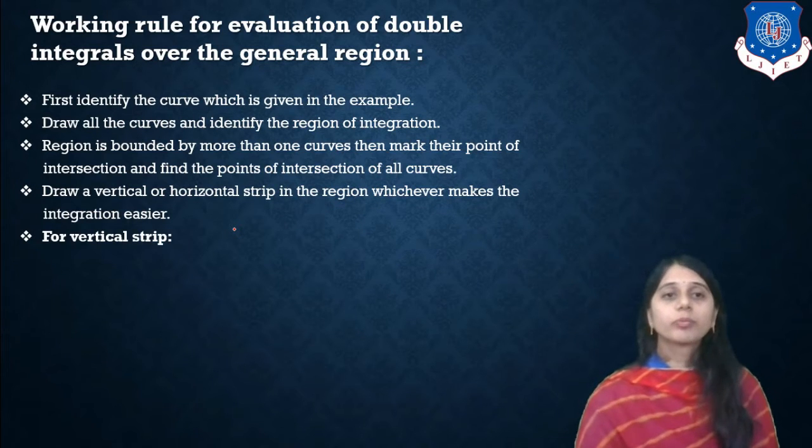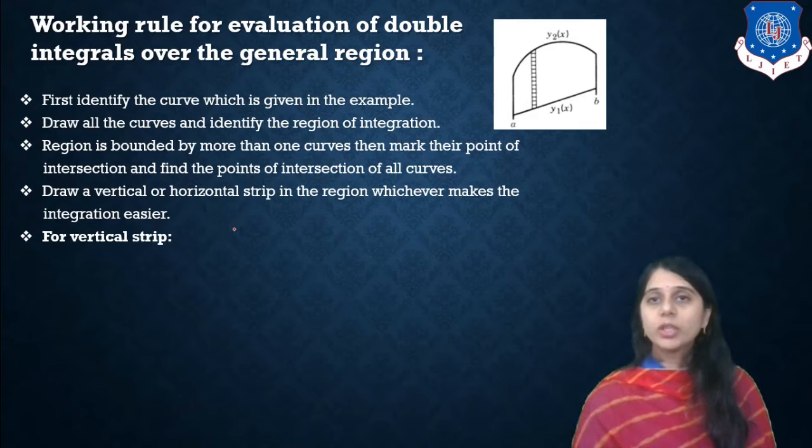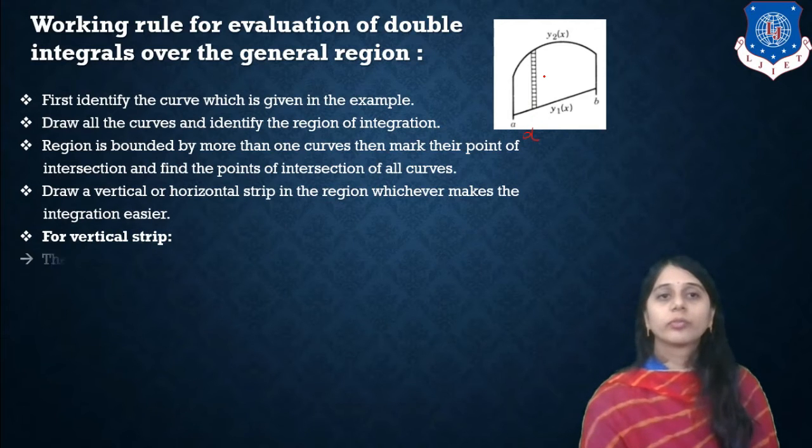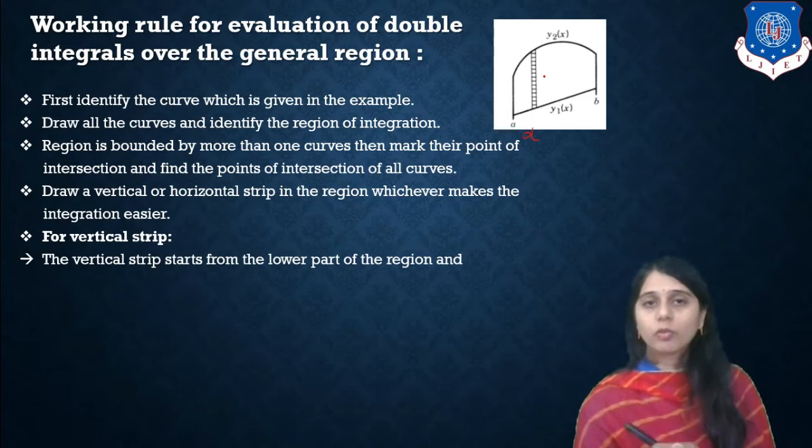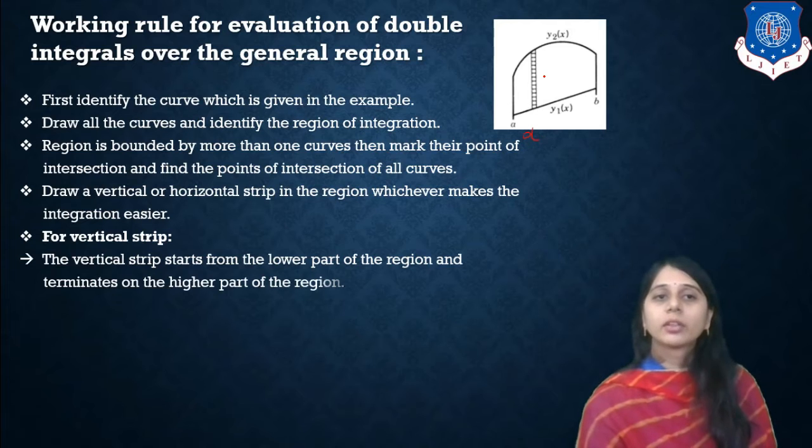For a vertical strip, from a to b, x is fixed and y is varied. The vertical strip starts at the lower part of the region and terminates at the higher part of the region.